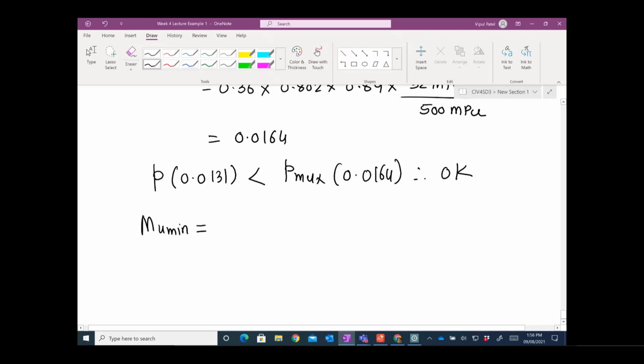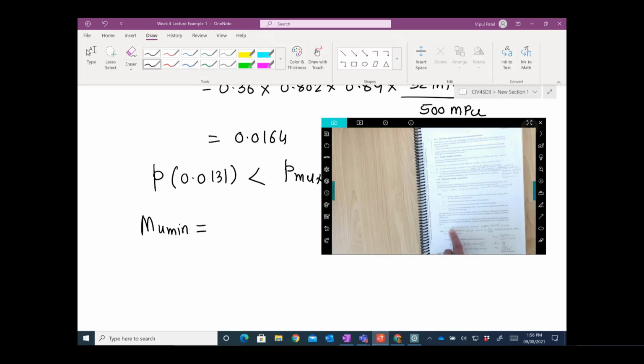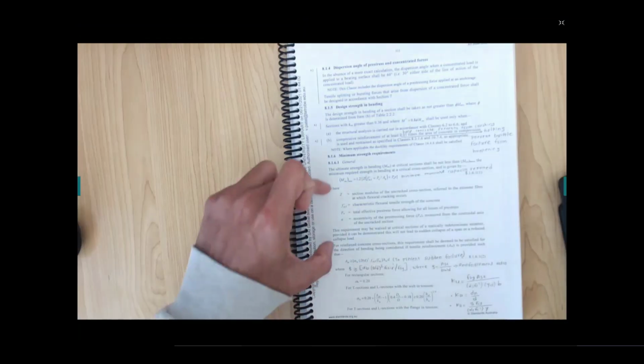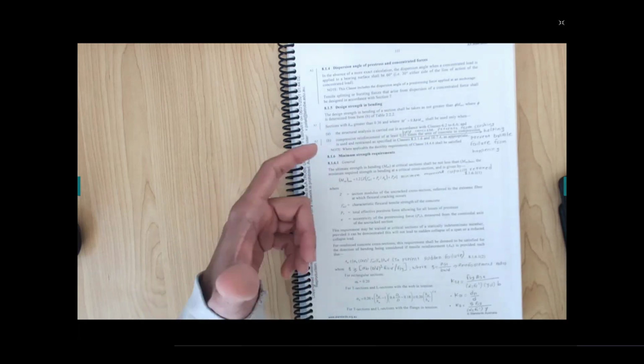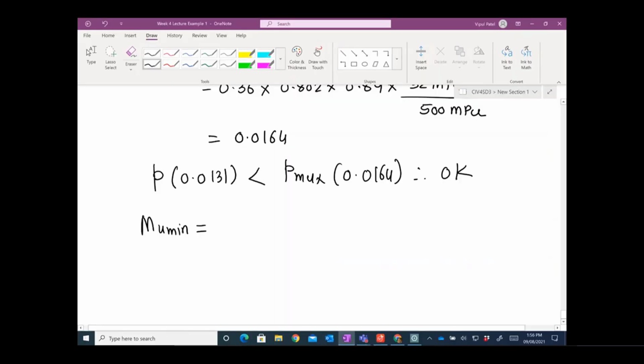Let's get the minimum flexural capacity. By the way, we can go for this minimum rho one, and so one of them would be okay. So when you do the checks, either you make this check or you make this check. If you satisfy one of them, then it's okay. What the standard is basically saying is that some engineers play smart and might say I don't need rho. So the standard says no, you must put some minimum rho, and you must satisfy this one. So let's go through this minimum rho one.